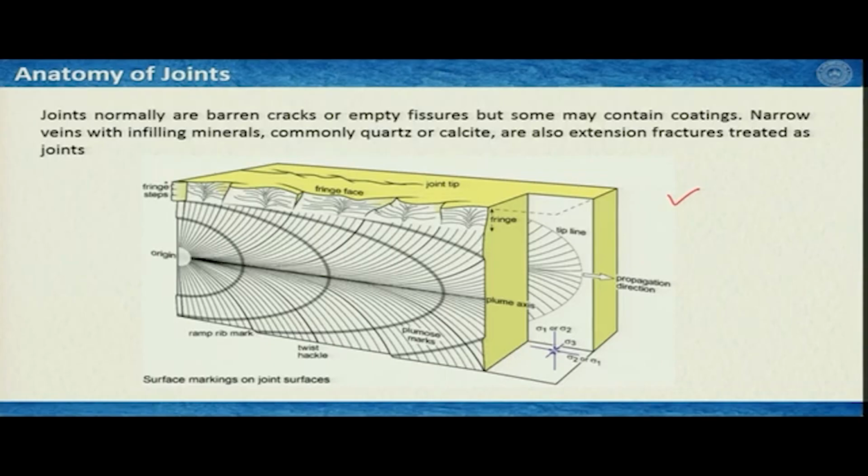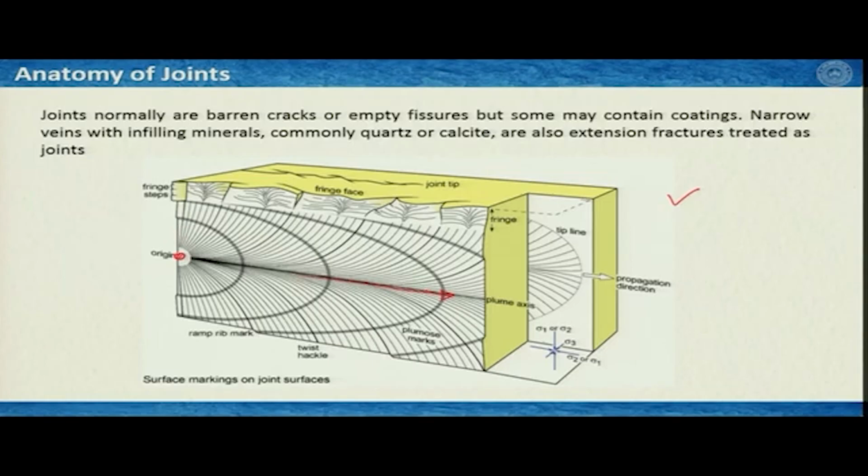So what we see here, this plane where you have all these illustrations, this plane is your joint surface. So it happened this way, and this is another trace of the joint surface. This is the joint tip, and this is another surface. You can see the joint is exposed. We will learn about it. So the joint originated from here, and then it propagated in this direction.